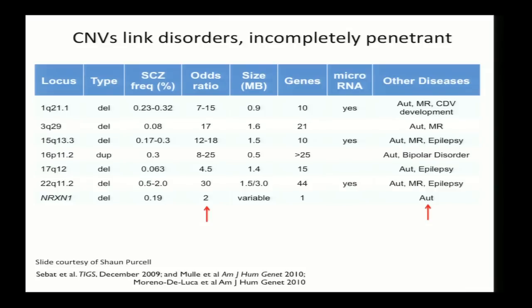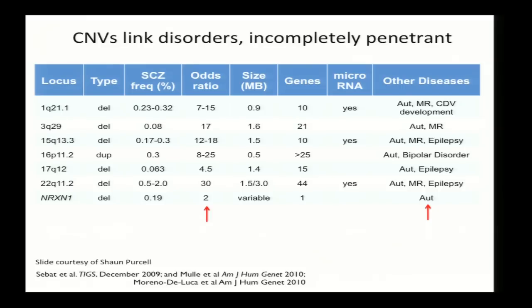There's a sense in which CNVs have just been a leading edge of lessons about rare variation in general. When we look back at copy number variation, one of the things that we'll remember about it is that it's the form of rare variation that we could see and start to think about first.